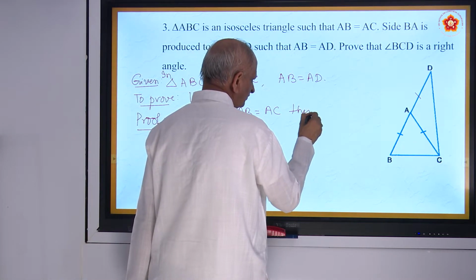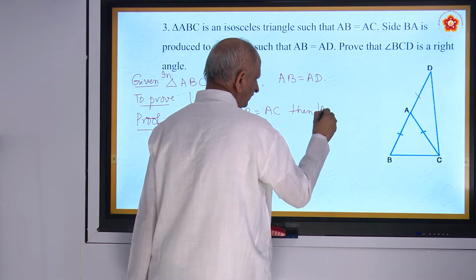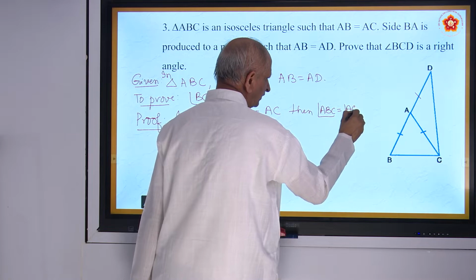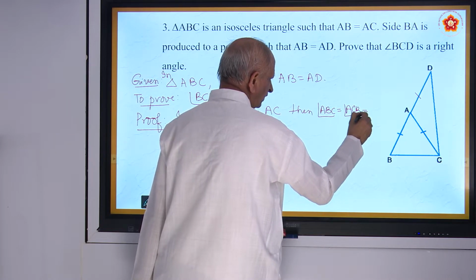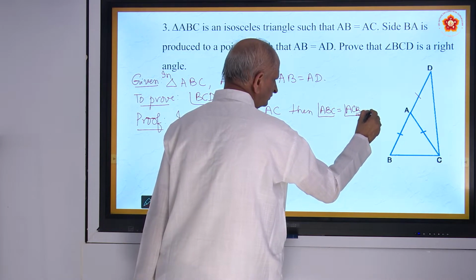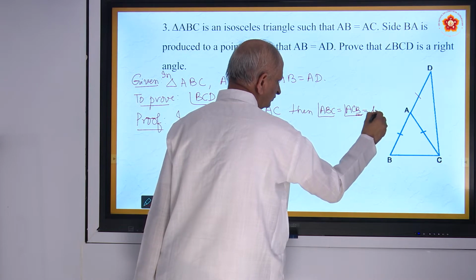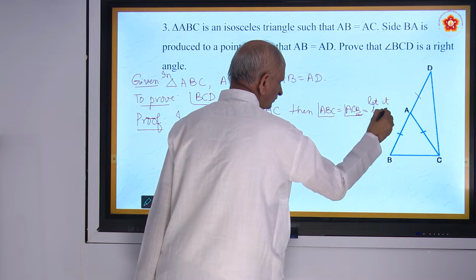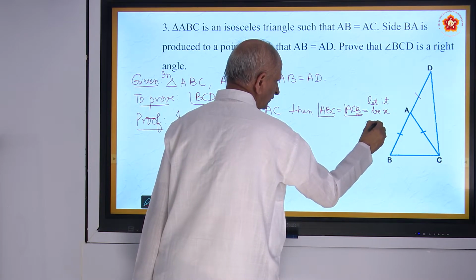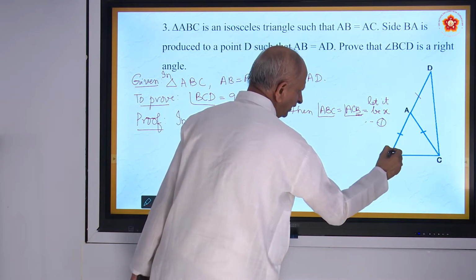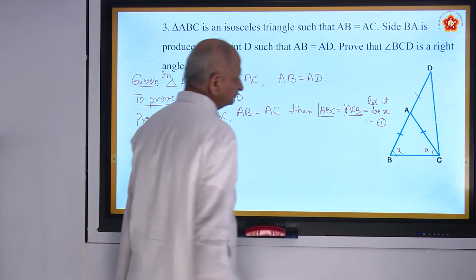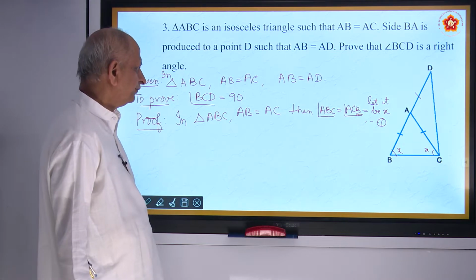Then you have angle ABC is equal to angle ACB. Let it be equal to X.